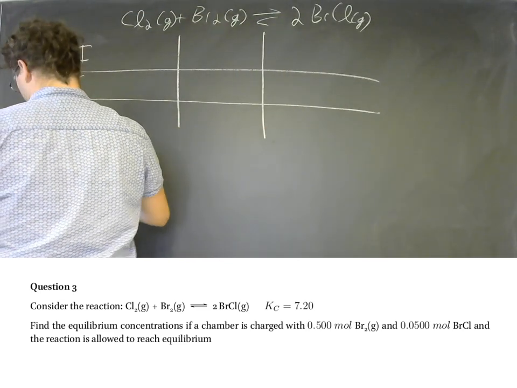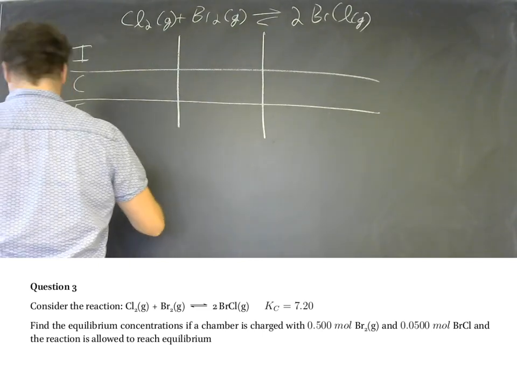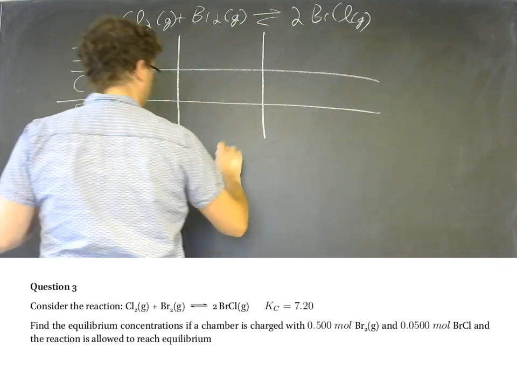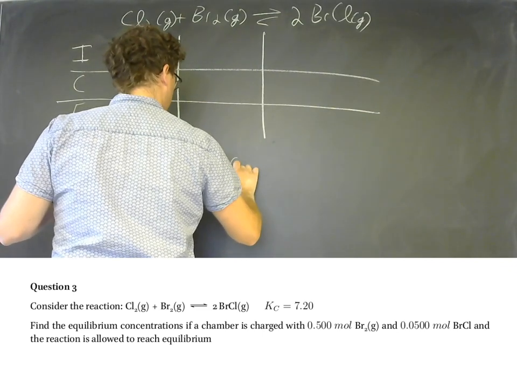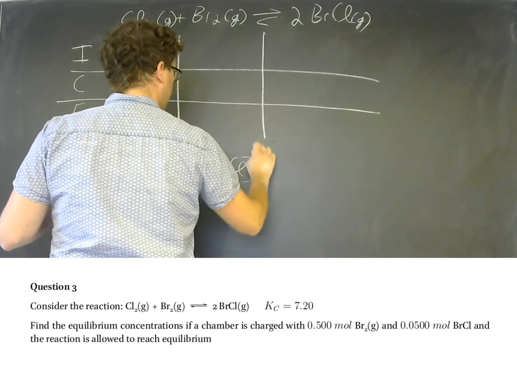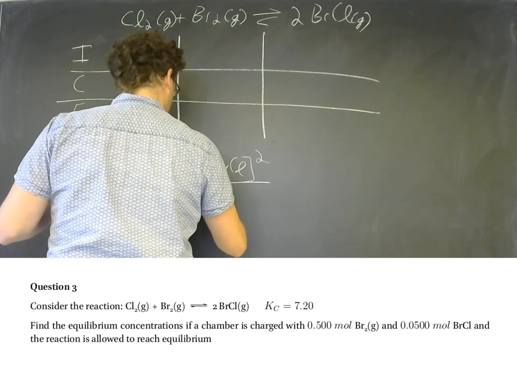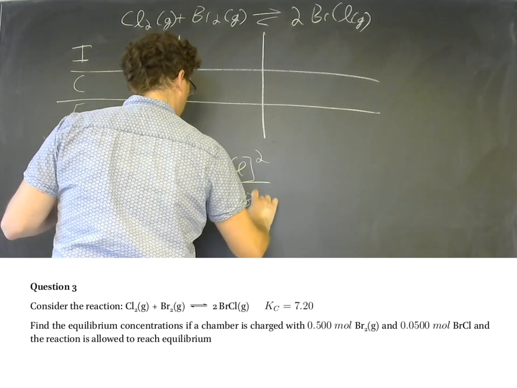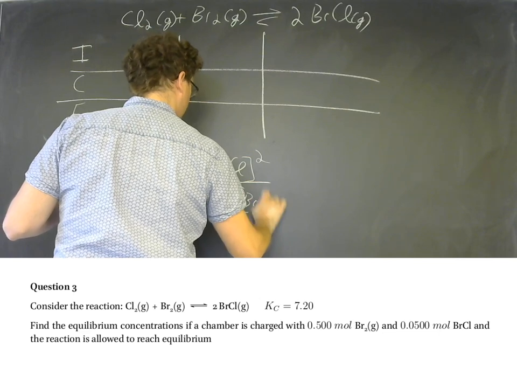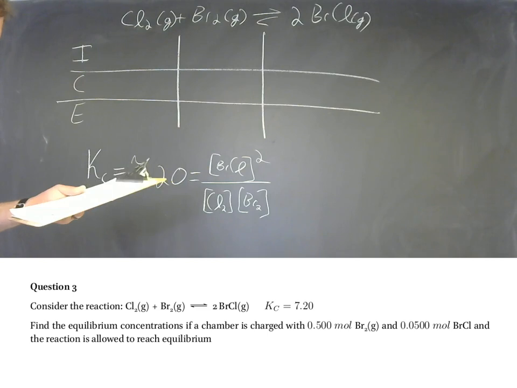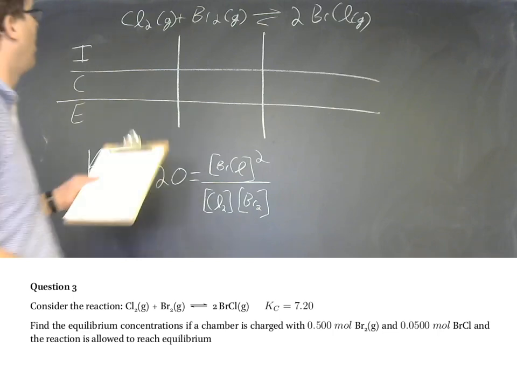And we know that Kc is equal to 7.20, and that's going to equal the BrCl concentration squared over the Cl2 concentration times the Br2 concentration.